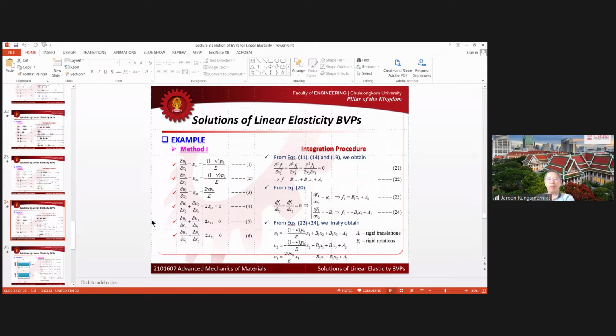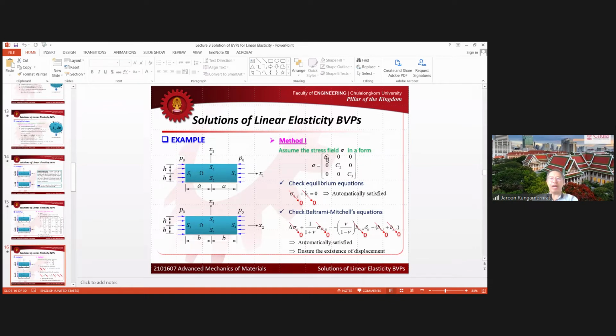For example, if you guess the full set of constants, let's say that you guess 6 of them, right? You guess the stress field in terms of 6 constants. Let's say that you don't have experience, so you don't know exactly whether the component for shear stress should be there or not. If that is the case, instead of only having C1, C2, C3, you have C4, C5, C6, for example.